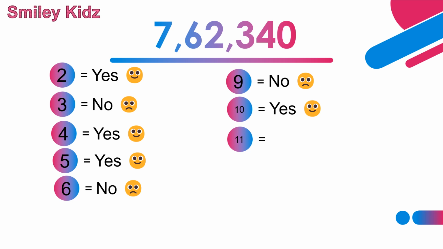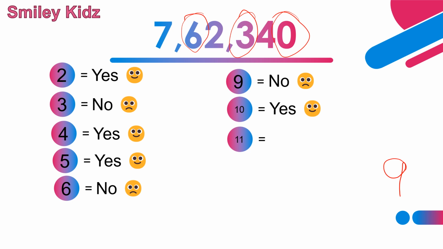Is 7,62,340 divisible by 11? The divisibility rule of 11 is add the digits in the even places and add the digits in odd places. So, here we should add the digits in even places. So, 6, 3 and 0. 6 plus 3 is 9. 9 plus 0 is 9. Now we should add odd places.